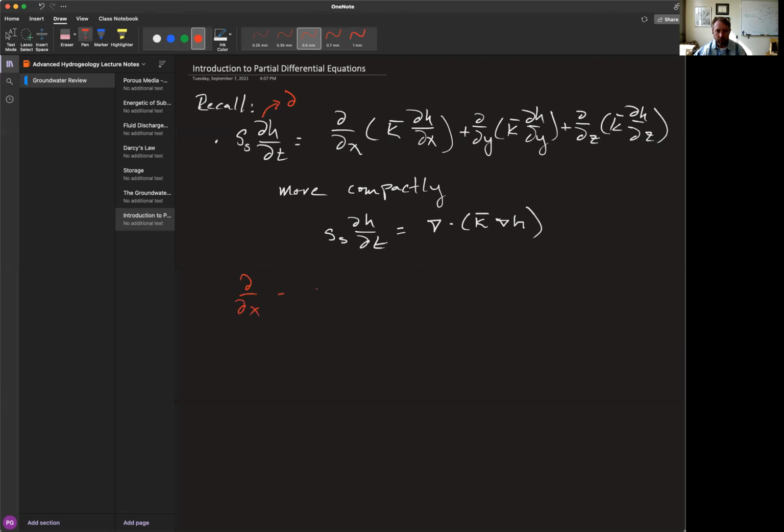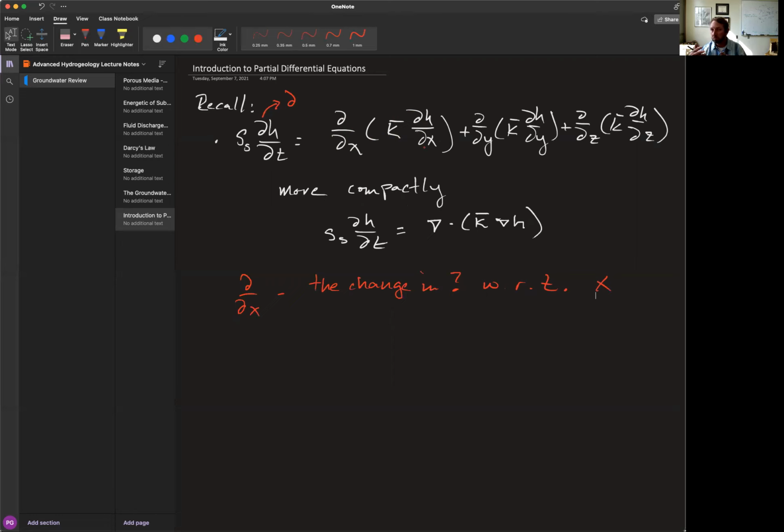We would read this as the change in whatever this operator is occurring to, so the change in something with respect to x. For example, this top term says the change with respect to x of the hydraulic conductivity times the change of head with respect to x.